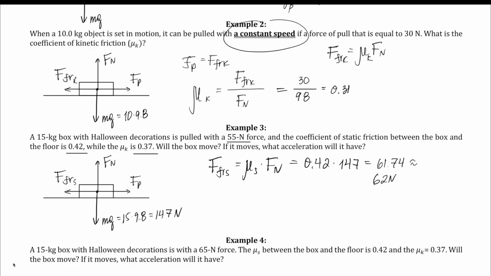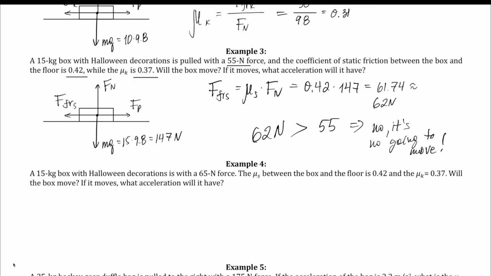That is how much force of friction static can get to. And remember, in the lab, as I increased the pull, force of static friction was increasing. So if I apply 55 Newton force, is there enough available friction to stop the object from moving? Yes, there is, because 62 newtons is greater than 55, so no, it's not going to move. And then you stop. You don't need to do anything else.